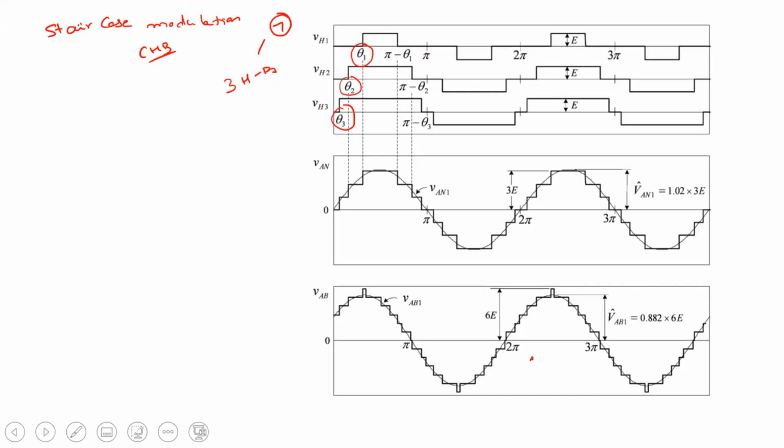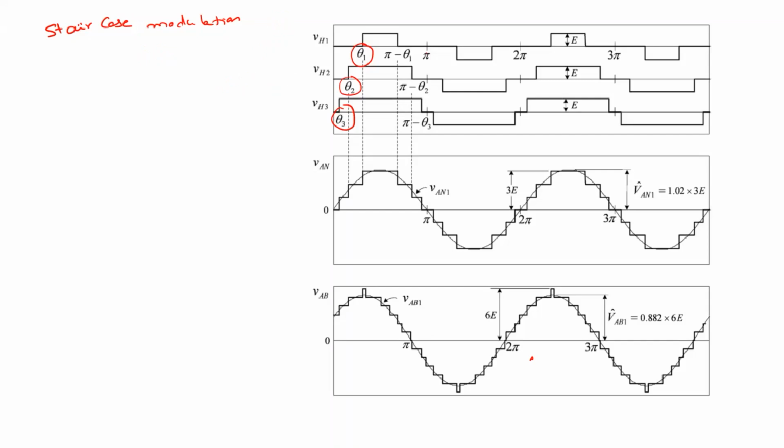When you place the pulses, similar to selective harmonic elimination, we can eliminate certain lower order harmonics. Third order harmonics by default will be eliminated. We have other harmonics like fifth, seventh, 11th and 13th order harmonics. Those can be eliminated, right? So our objective is to find these angles theta 1, theta 2, and theta 3.